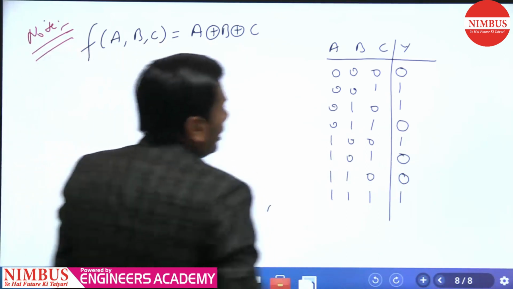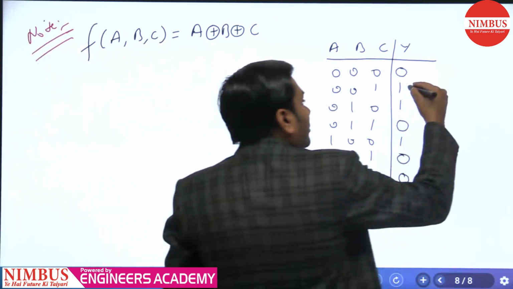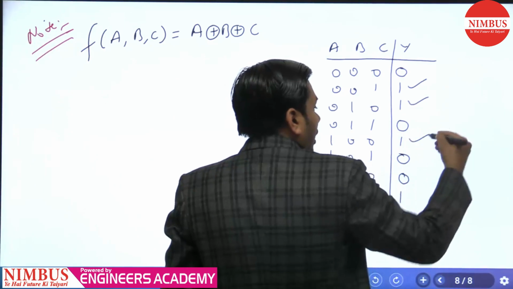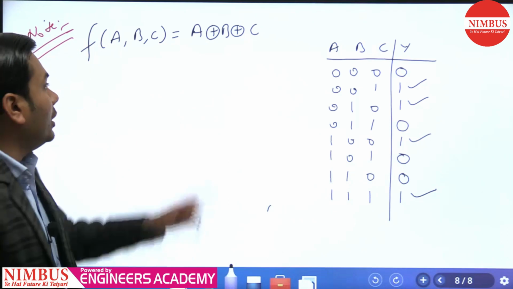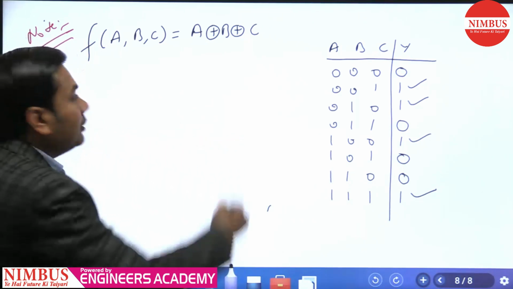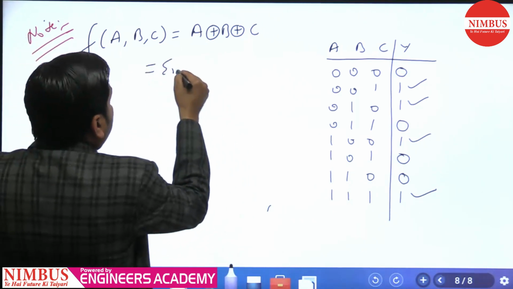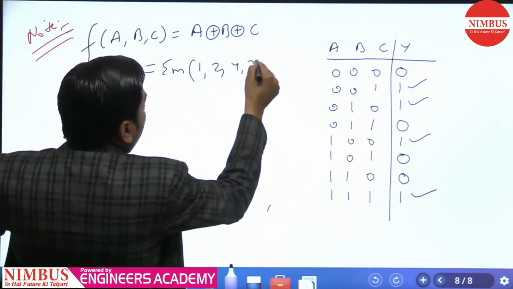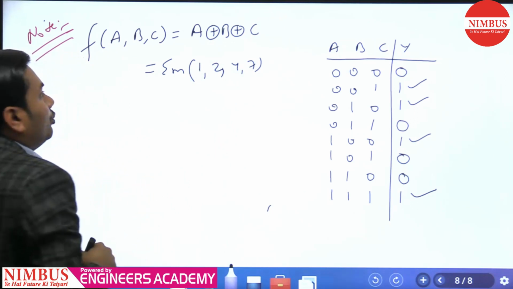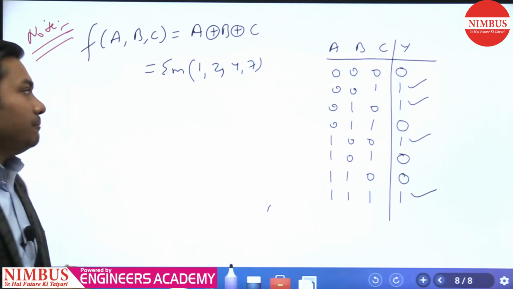Minterms are where the output is at logic 1. So we are having the minterms at 1, 2, 4 and 7.